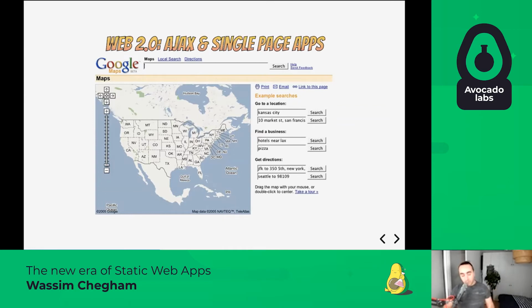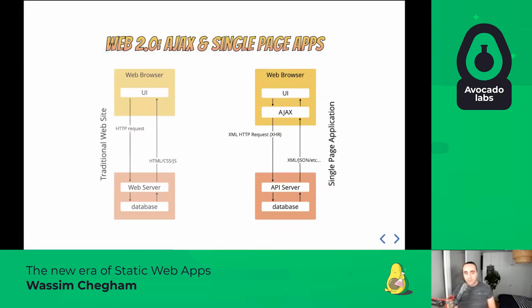The revolution of this new kind of application was that you could do all of this without the page being refreshed and fetched from the server again. This single page app architecture was made possible thanks to AJAX technology, asynchronous JavaScript and XML.